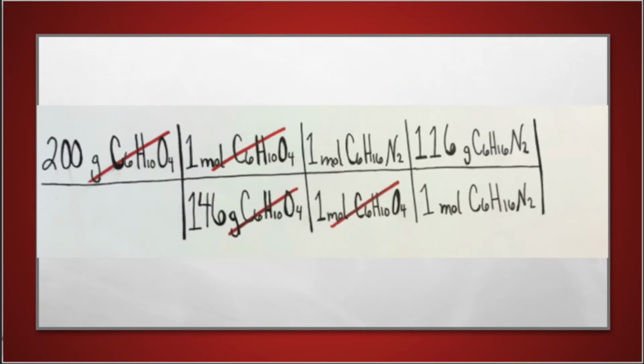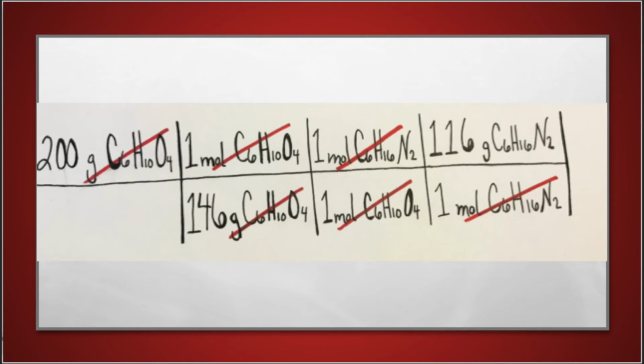That allowed us to cancel out moles of C6H10O4. We know for every 1 mole of C6H16N2, we're going to have 116 grams of C6H16N2. That allows us to cancel out our moles of C6H16N2 and leave us with grams of C6H16N2.